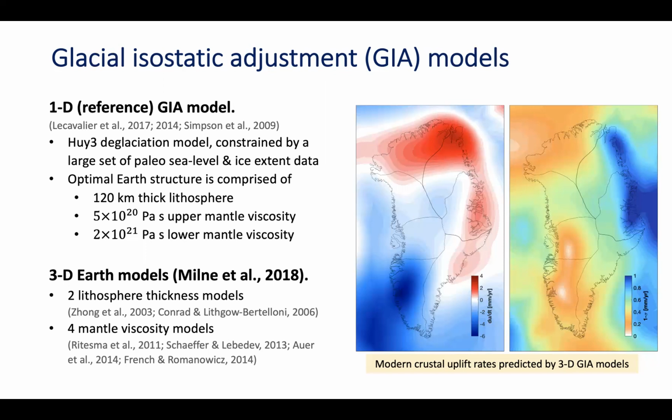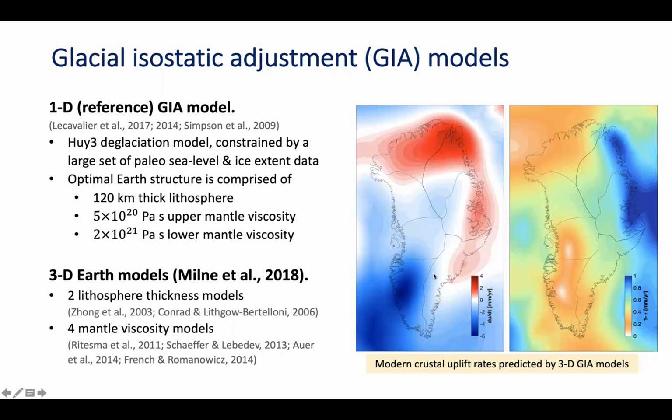And they used this limited number of possible 3D Earth models, not to compute the comprehensive impact of the 3D Earth model on the GIA signal, but to get a sense of how much impact it could make. And here's what they came up with, and this is the mean GIA uplift rate. They present the uplift rate due to the GIA processes, and this is the associated uncertainty here.